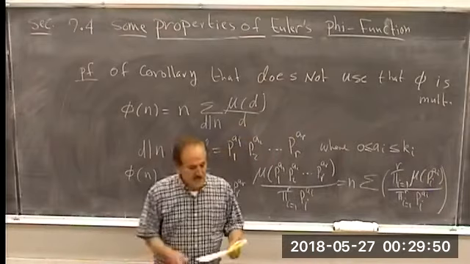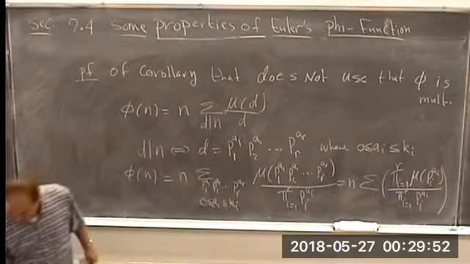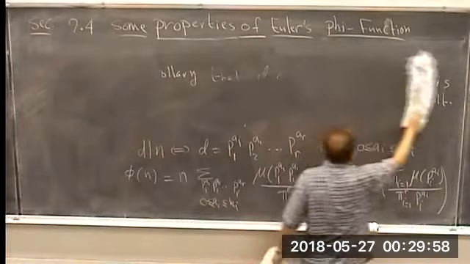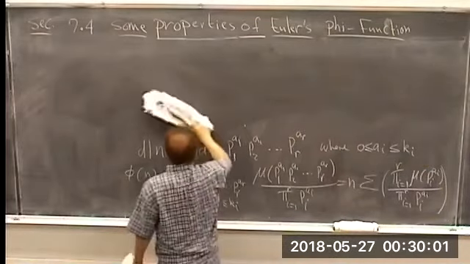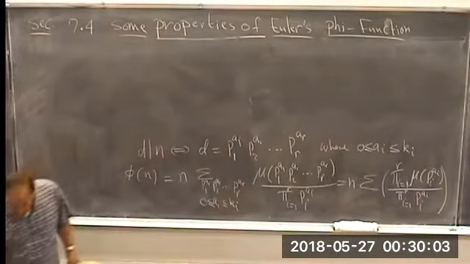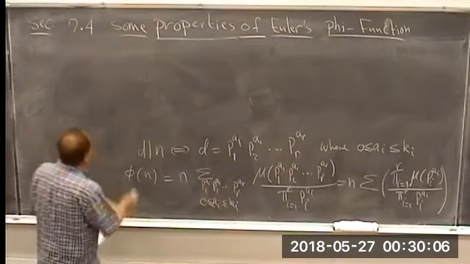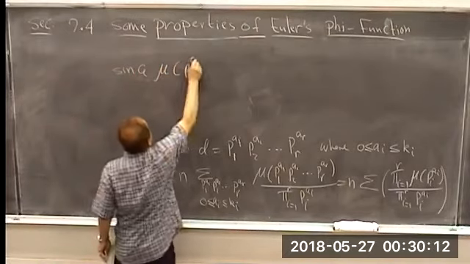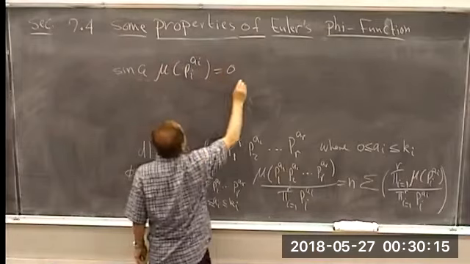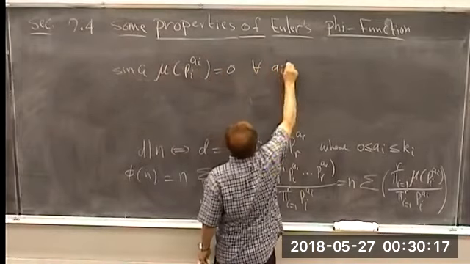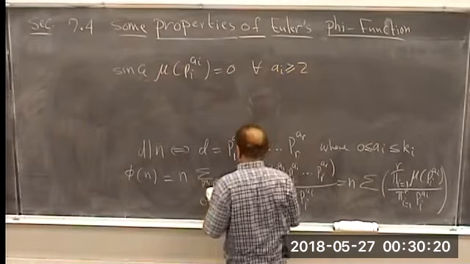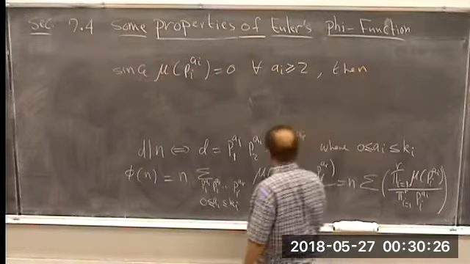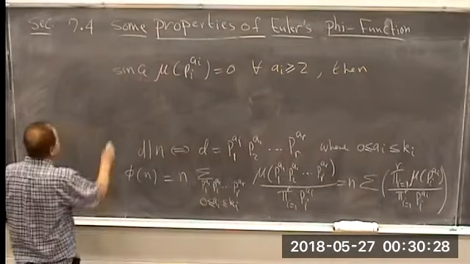All right, now let's write what is in this sum again. We're going to see that there's only a couple of pairs that are not 0. Now, since mu of p sub i to the a sub i is equal to 0 for every a sub i bigger than or equal to 2, we have this.